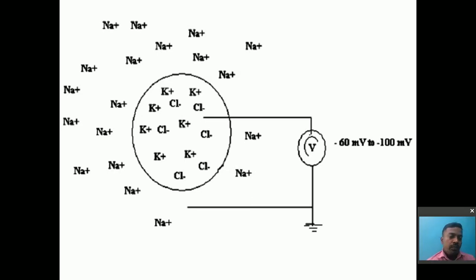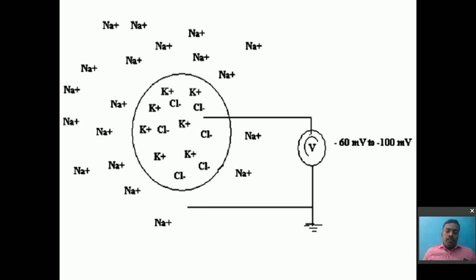So we can see the negative charge is present inside the cell, and outside the cell we have the positive charge. So the potential is a negative potential, a negative voltage. Minus 60 millivolt to minus 100 millivolt is the resting potential.